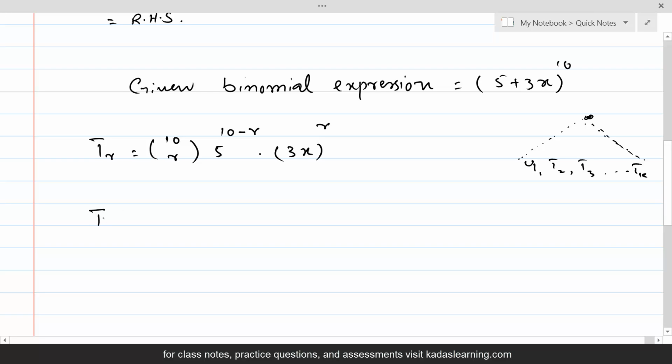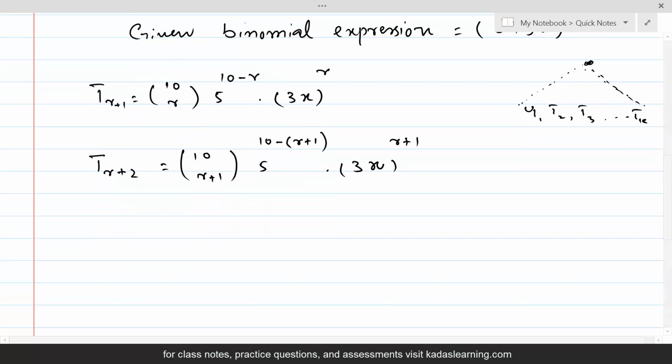Now if we write T(r+2), that will be equal to 10C(r+1) times 5 power 10 minus (r plus 1) times (3x) power r plus 1.